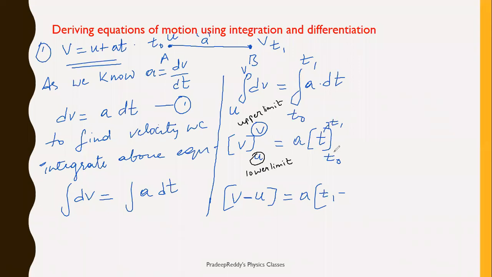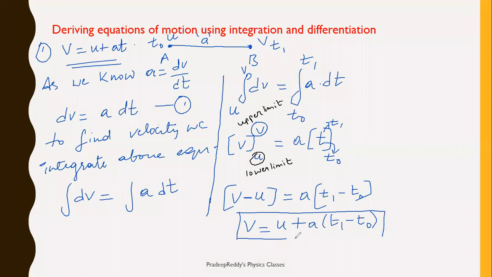After that, instead of t, you should substitute the lower limit, minus t0. And this gives you v is equal to u plus a into t1 minus t0. This is the final expression which is applicable for non-uniform acceleration also.